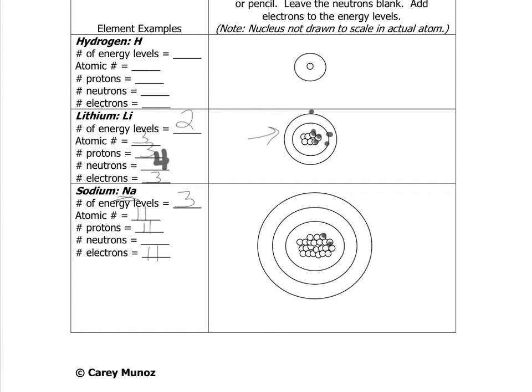It'll probably be easier for you to just do this on your own. 3, 4, 5, 6, 7, 8, 9, 10, 11. And then if you just count what isn't colored in, I count 12.